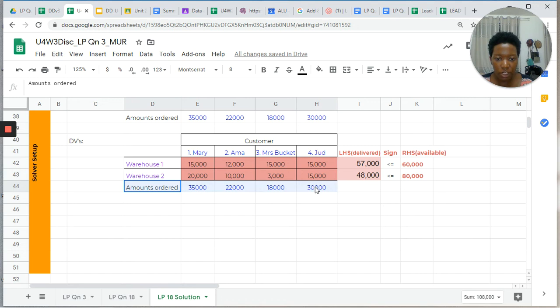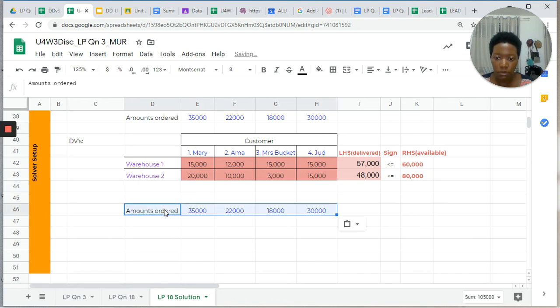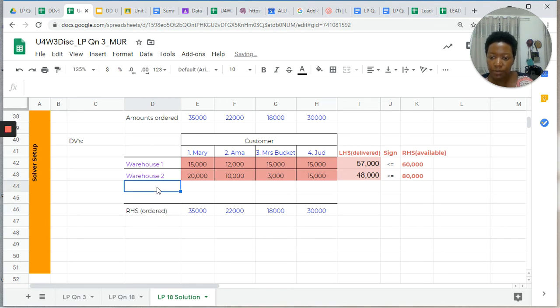So I'm going to shift this down. I'm going to call this right-hand side: what was ordered. Left-hand side: what was delivered.